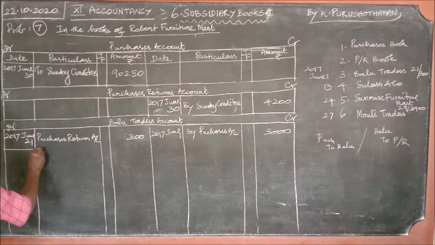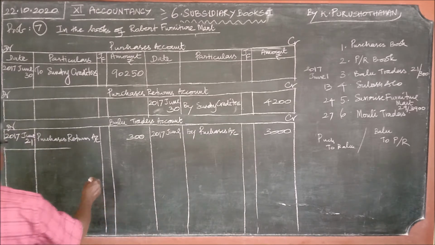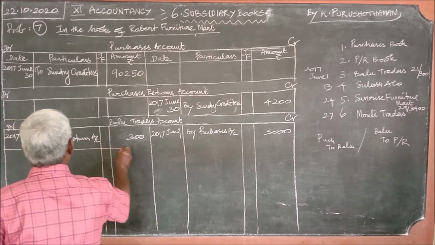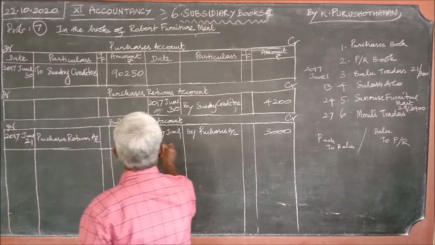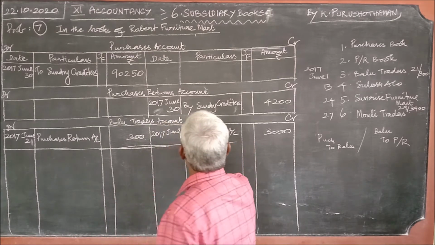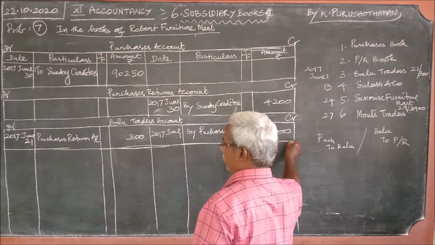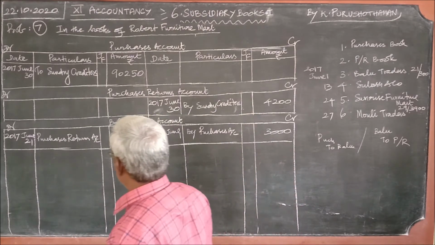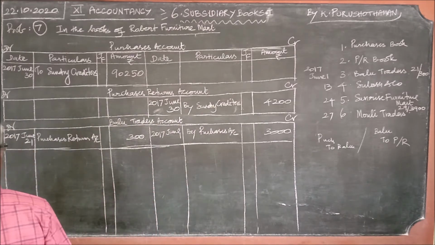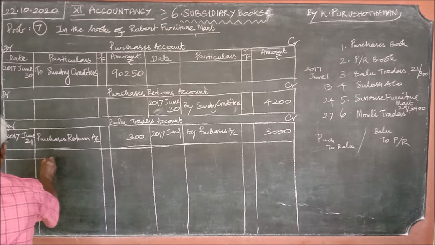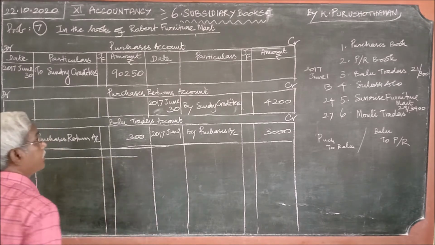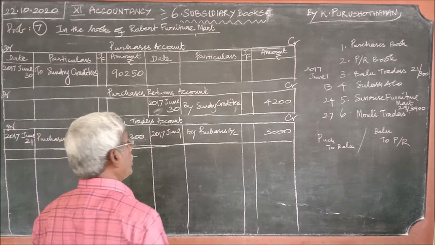With this, Balu Traders account is over. I said in the beginning itself, it is how to post the entries from the subsidiary book. That's all. No balancing, etc. Then, the next creditor is Subhash and Co.